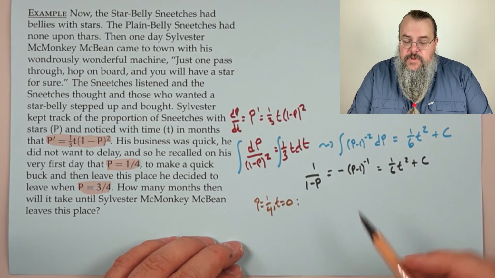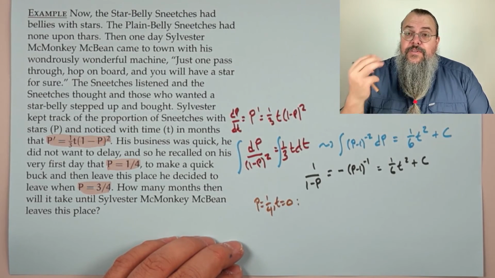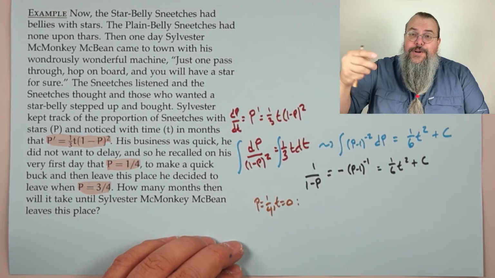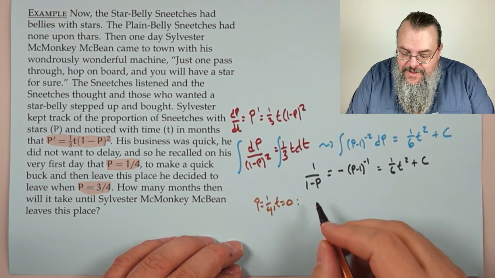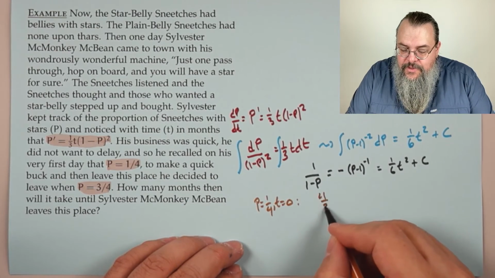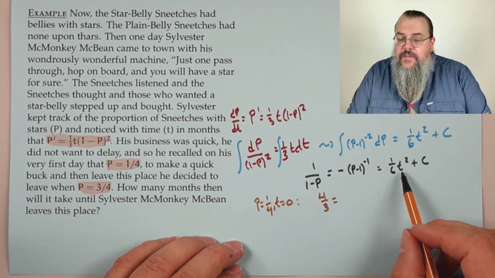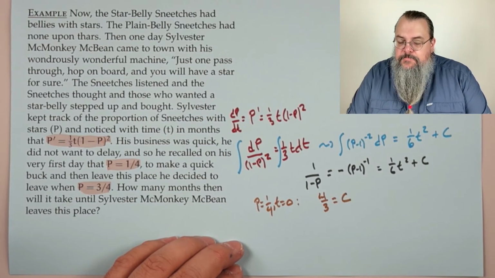What do we have? Well, 1 minus 1/4 is 3/4. That's downstairs. 1 over 3/4, you flip it, becomes 4/3 equals, and then 1/6 times 0 is 0 plus c.